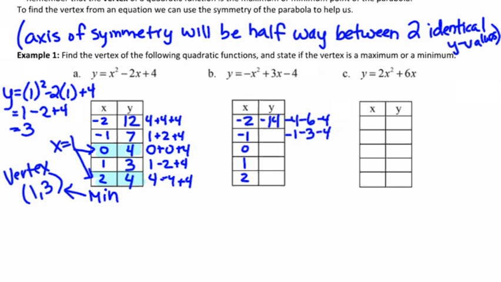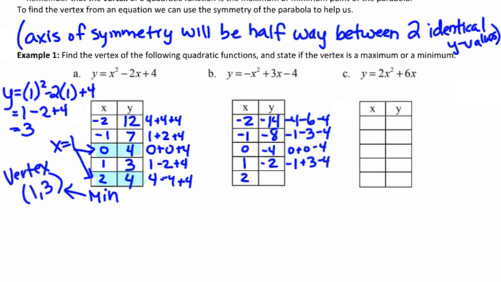Minus 4 gives us -8. Plugging our zeros in, zeros cancel anything that has an x attached to it, so just our -4. Otherwise we'd have 0 plus 0 minus 4. Plugging our 1 in, 1 squared with a negative is -1, plus 3 minus 4, -2.